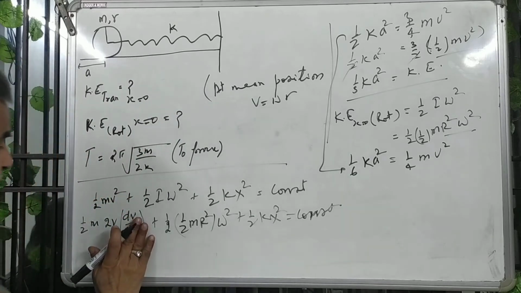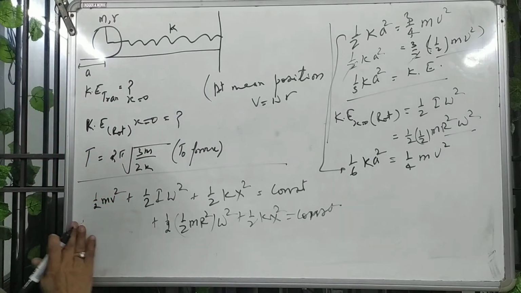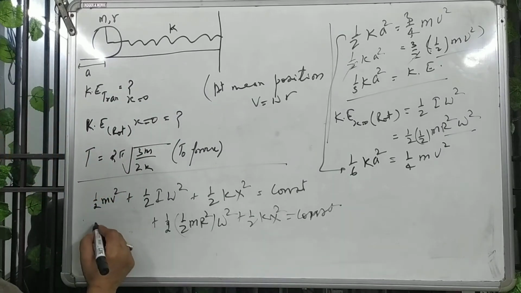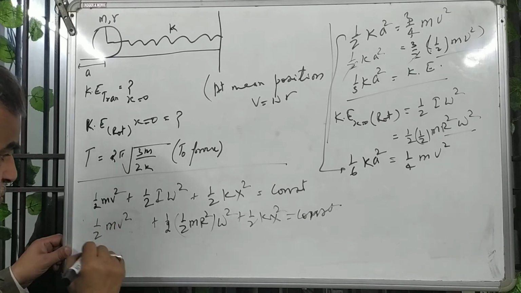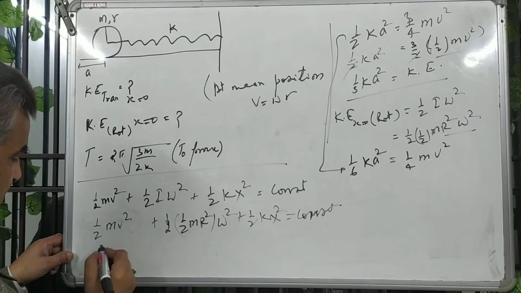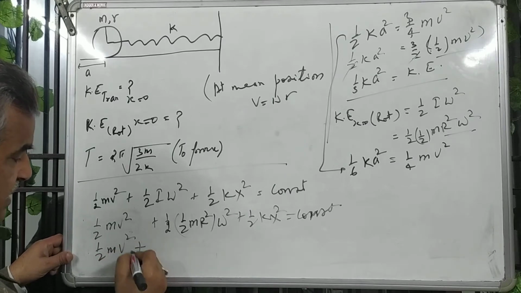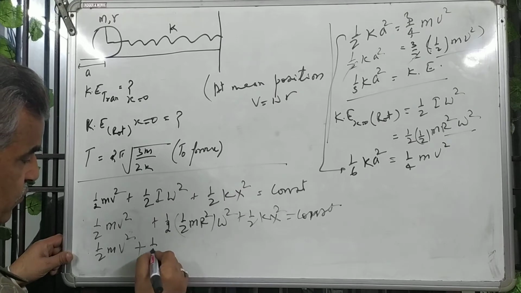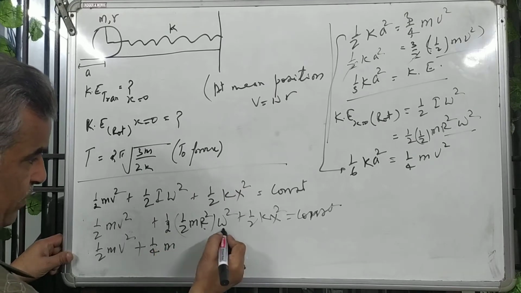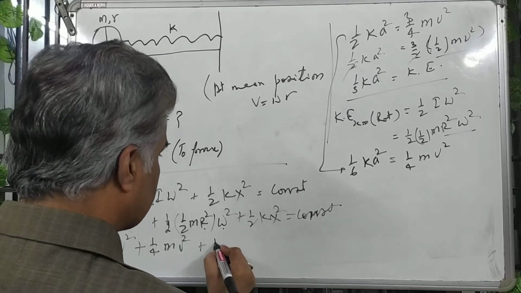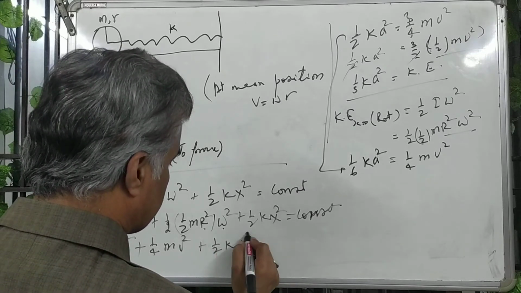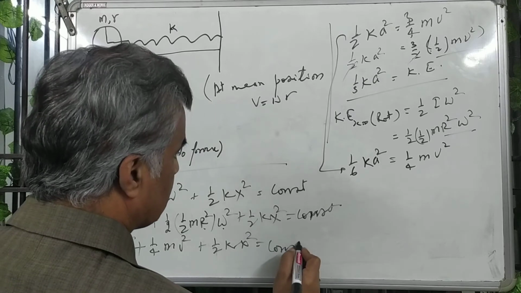Now I am removing the differentiation, because in this I am not differentiating. This is the half mv square. Now we can differentiate it, and this is half mv square plus 1 upon 4 m r omega, which is v, so this is v square, plus 1 upon 2 kx square is constant.